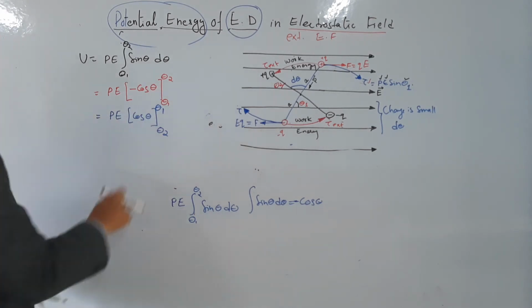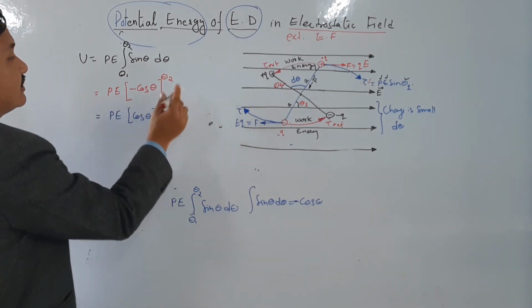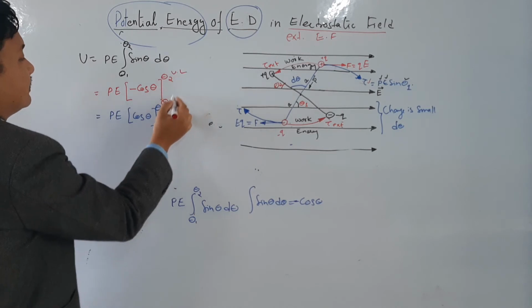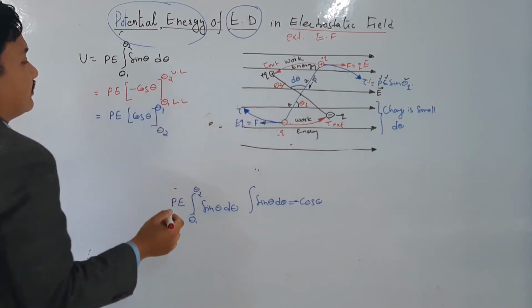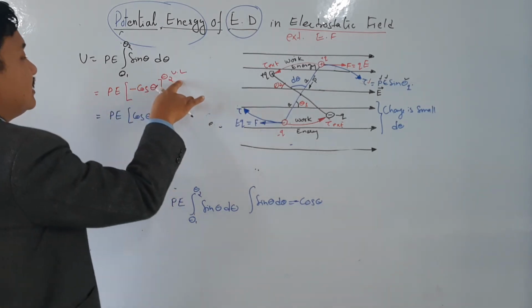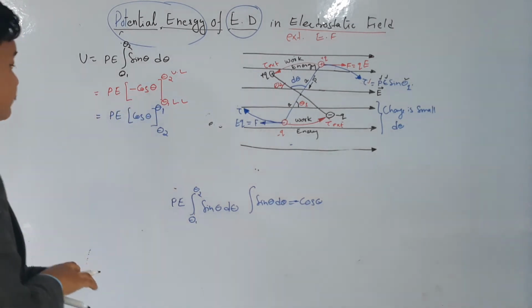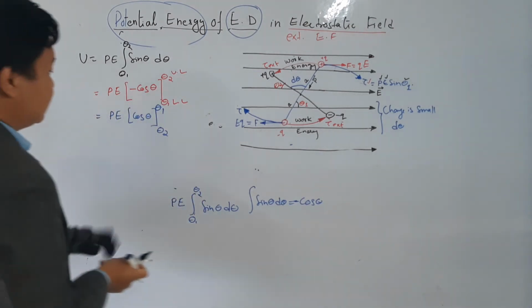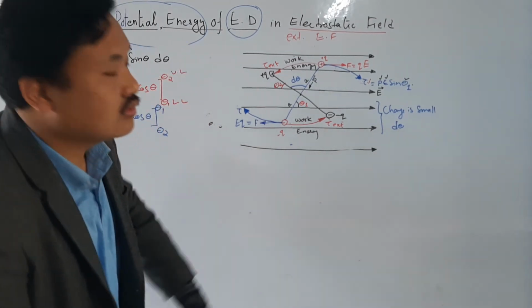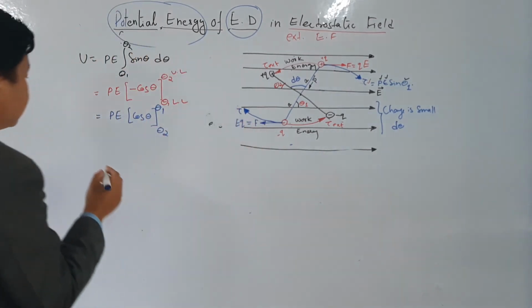Okay. This is my upper limit and this is my lower limit. If I interchange the limits, then I will get plus. Then I have to do upper limit minus lower limit.